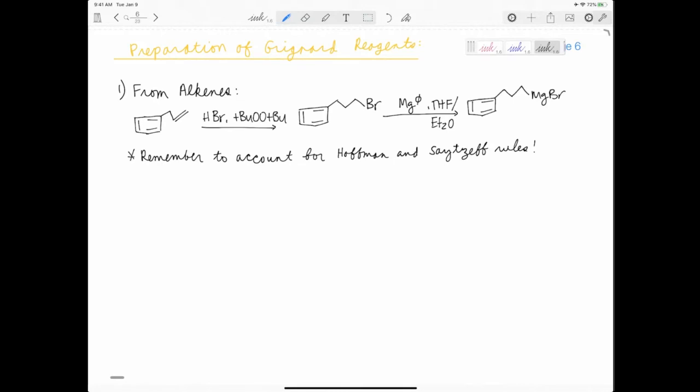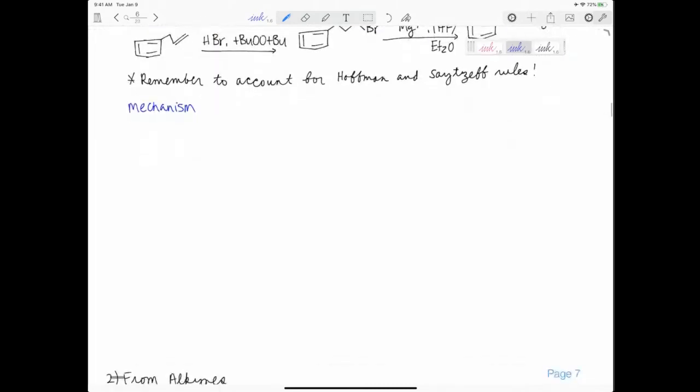Okay, what mechanism? I didn't know this was being taught to you this semester, so I would have had to cover it then. Okay, so the mechanism is technically a radical mechanism. You have done partial reductions with dissolving metal, right?